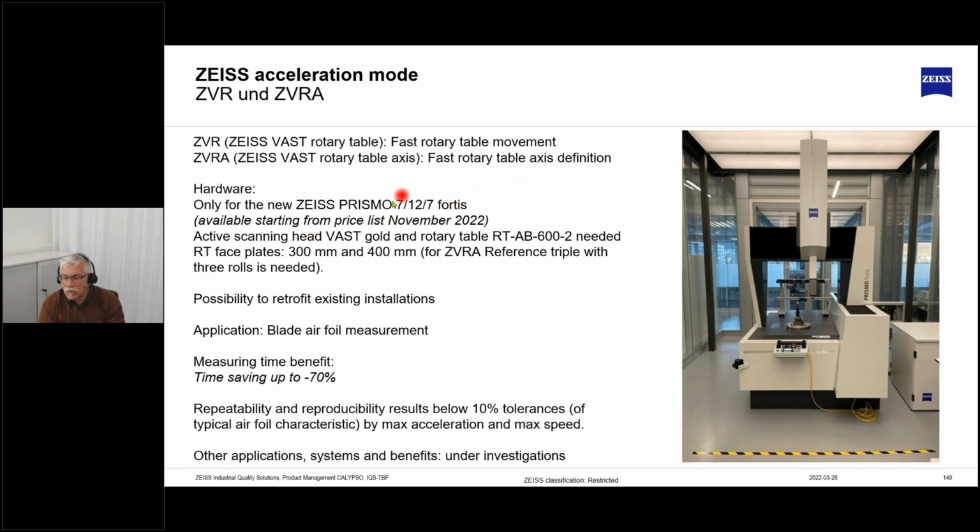It will come with a new Prismo Fortis at the end of this year. And in future we'll also get retrofit packages for this, and this is for special applications, blade airfoil measurements, and also defining rotary table axis, and depending on the use case can be time saving up to 70%.